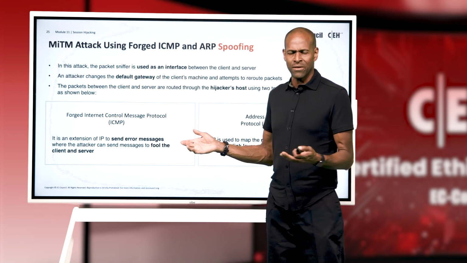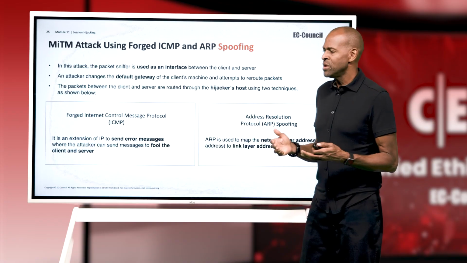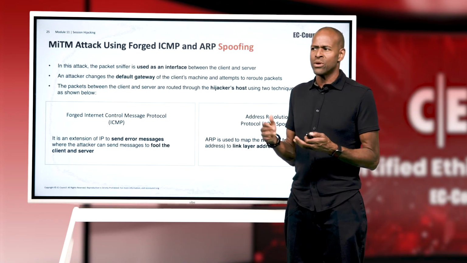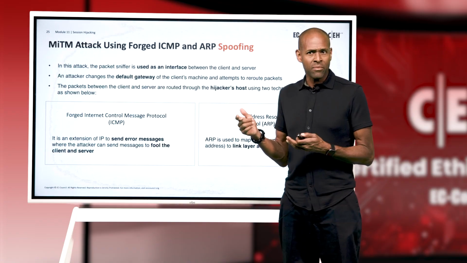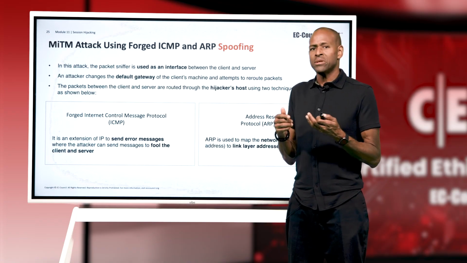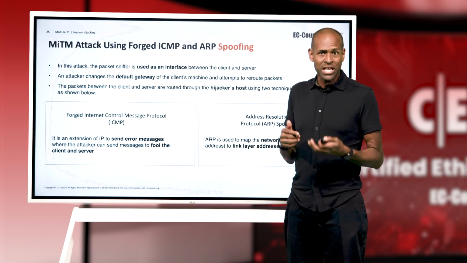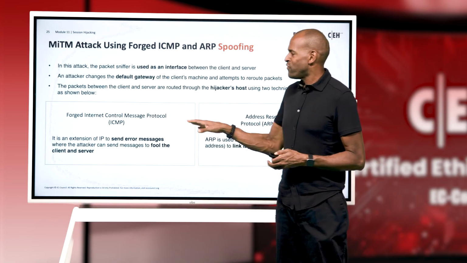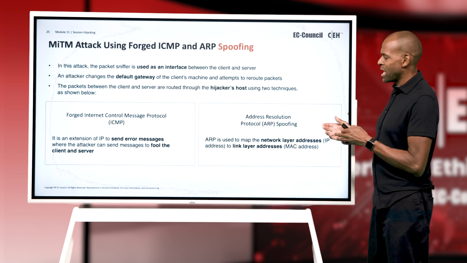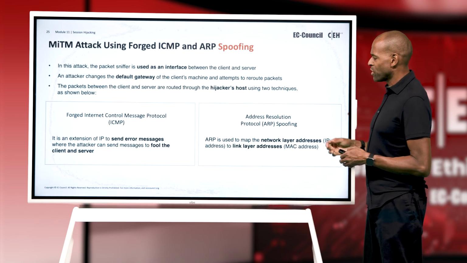Imagine, as a very simple version of this, we have the ICMP echo and reply. If I send out a ping and it comes back and there is no reply, then my machine might respond differently than if there is a reply. So we can forge that ICMP to change that response. And then we have ARP, Address Resolution Protocol spoofing.